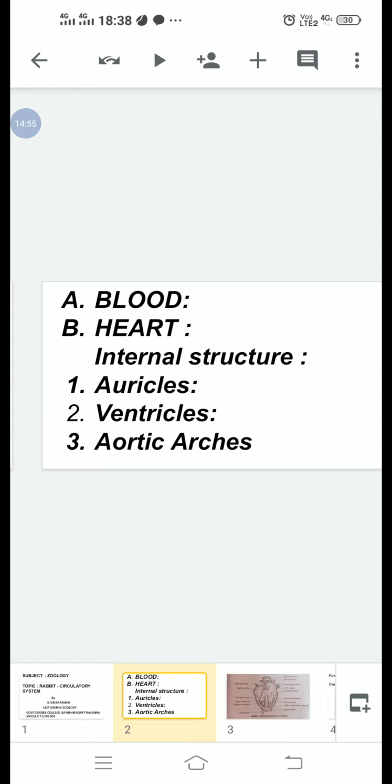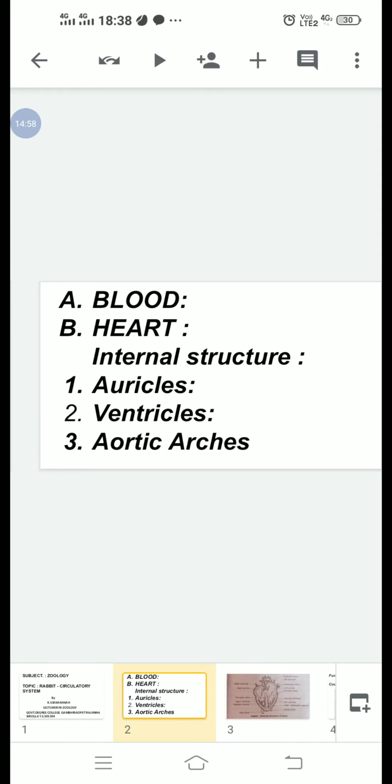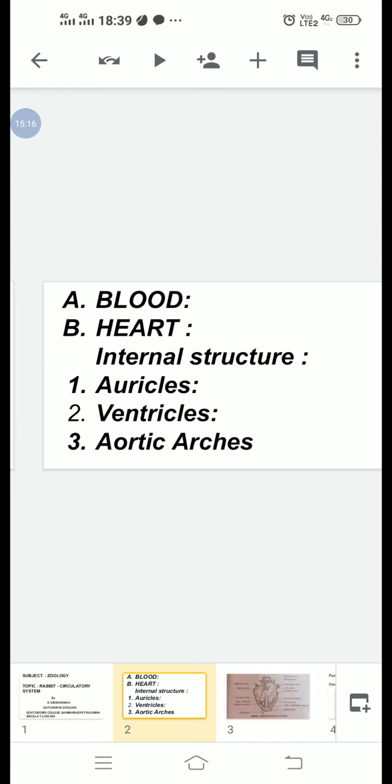Some of these ridges are large and conical and are called papillary muscles.